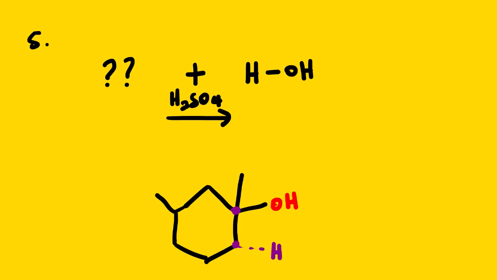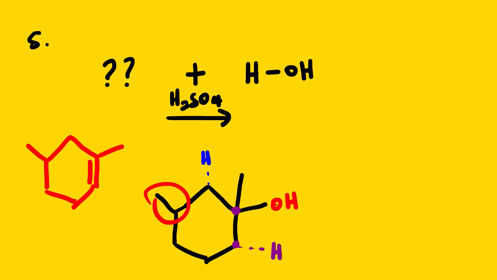So our reactant, we can safely say we had a methyl, and then a double bond was here. Or another possibility is that the hydrogen was here, which was added during the hydration, and the double bond might be here. Actually, the structure is not complete.